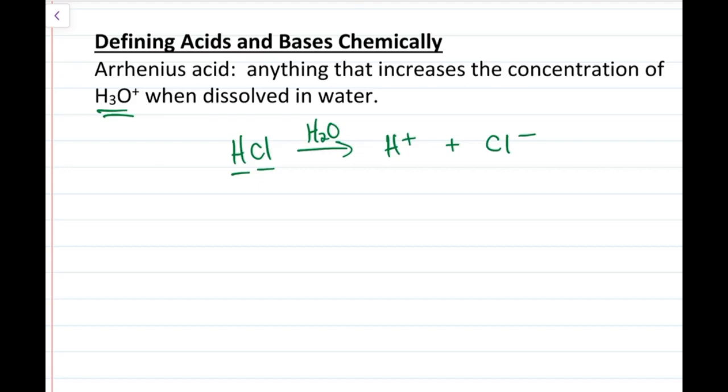But then what's going to happen after that is that H+ is not very stable, because if you think about what H+ would be, hydrogen is only made up of one proton and one electron. So if you're taking away the electron and leaving the nucleus behind, which is why it has a positive charge, essentially an H+ is just a proton. It's a proton without an electron. Most hydrogen atoms don't even have a neutron, so an H+ is just a proton.